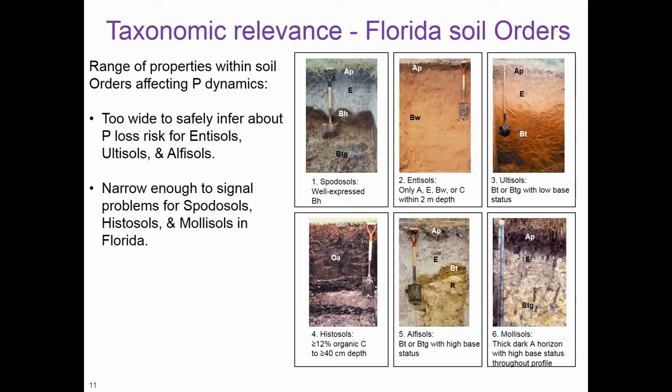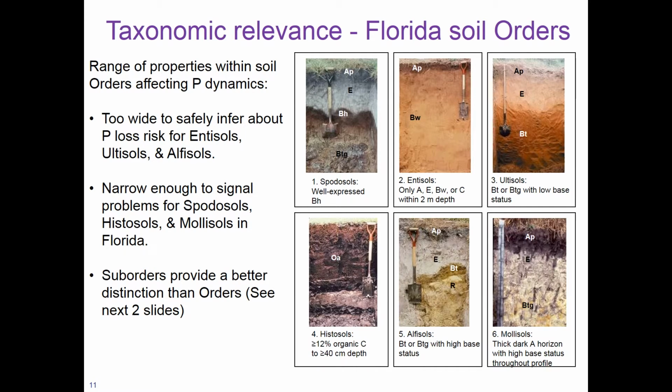They're wet enough to be mostly poorly drained, or very poorly drained, and by virtue of that, there's a high risk of runoff due to limited water storage in the soil, and phosphorus runoff risk is high in areas where these soils are prevalent. Suborders provide a better distinction than orders, and I'll elaborate upon that in the next couple of slides.